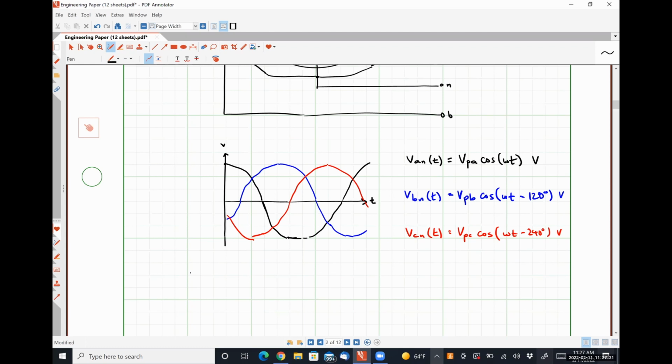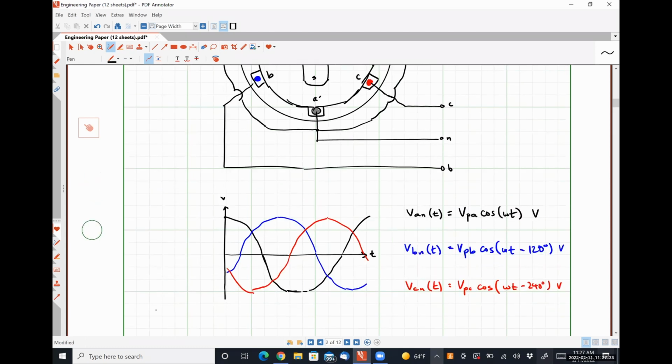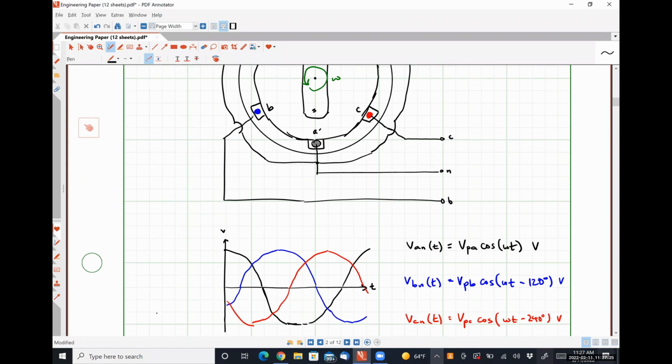All right, so we've talked about a balanced three-phase generator real quick here. This is what's called a positive phase sequence. In the positive phase sequence, A leads B by 120 degrees, B leads C by another 120 degrees.